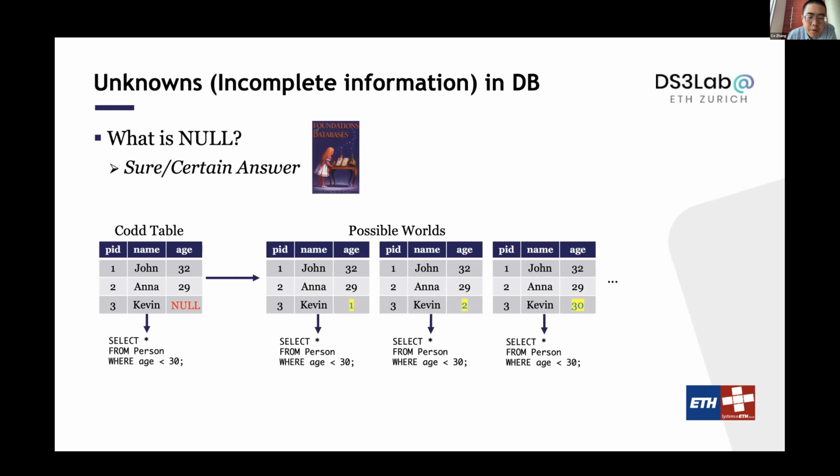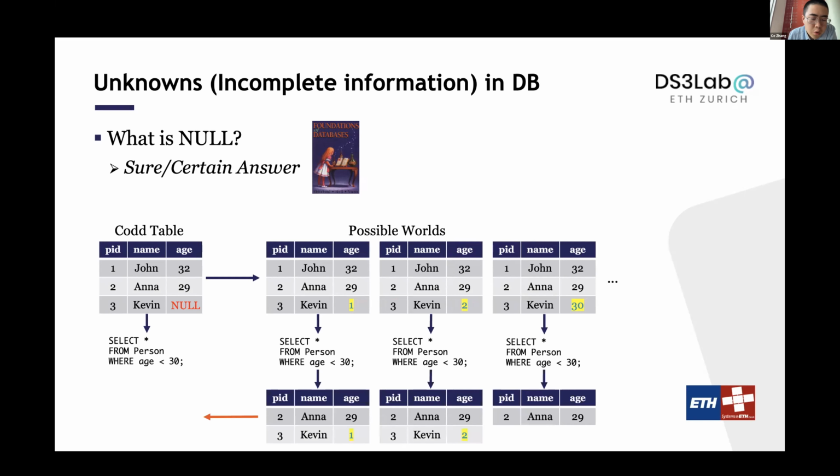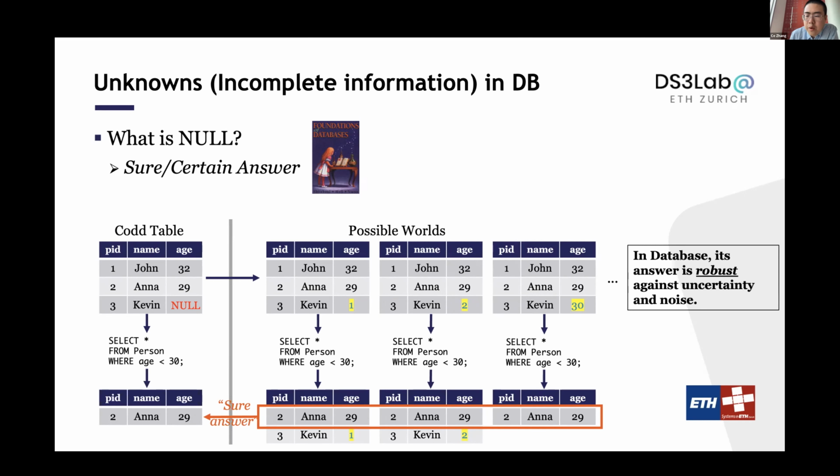For each of these possible worlds, you run the SQL query, you get your answer, and you only return things that you are certain will be there. So in other words, whenever we are using our database system, the answer is robust in a very precise way against uncertainty and noise in the input.